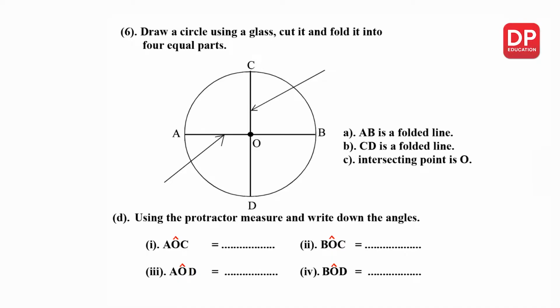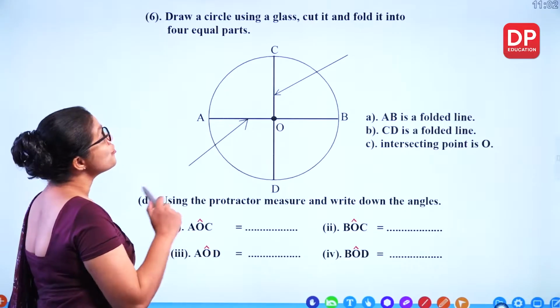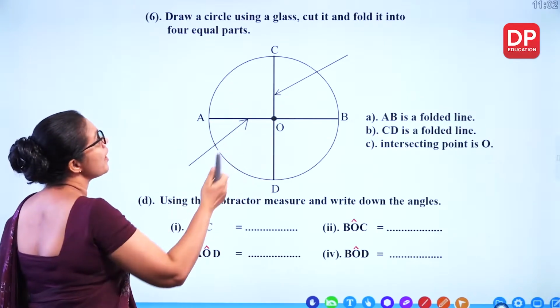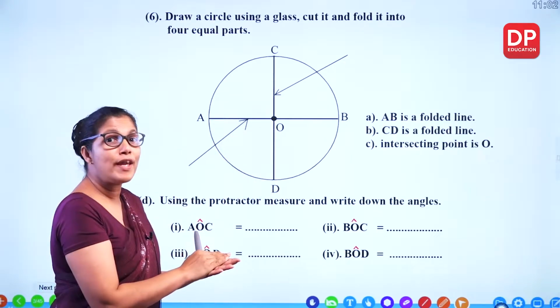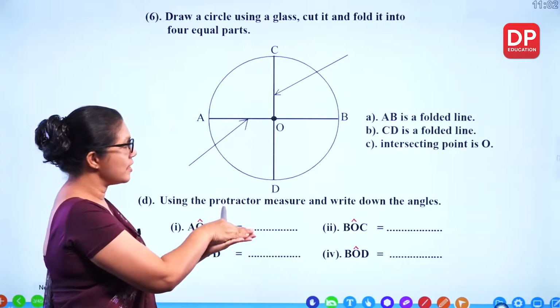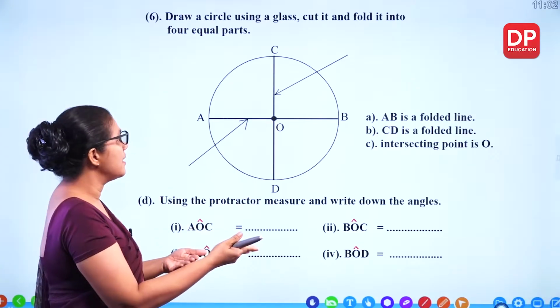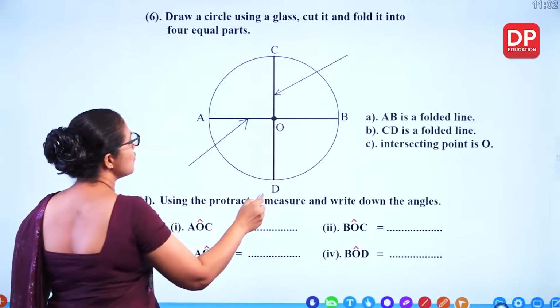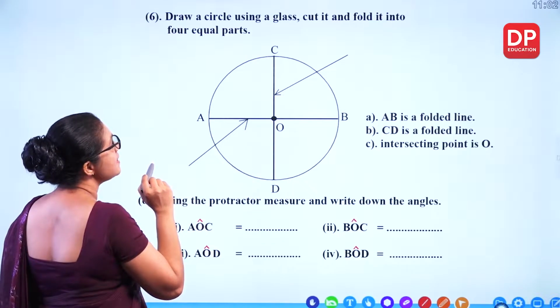So this is a circle drawn using a glass. And then what you can do, you can fold it into 4 equal parts. Fold it in half, again fold it in half, and you get these folded lines. So what are AB and CD?